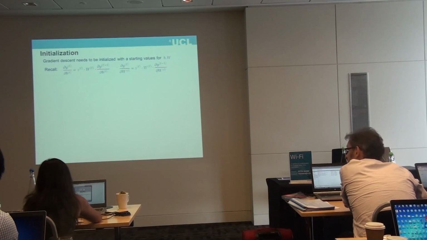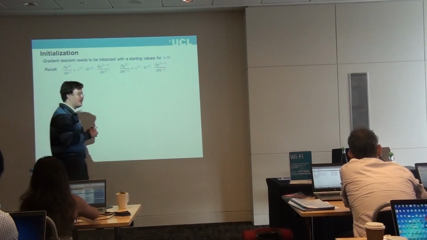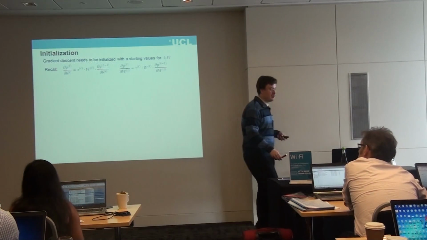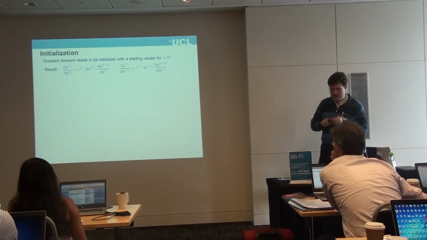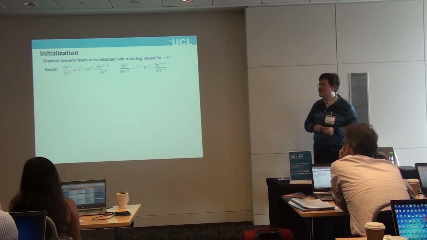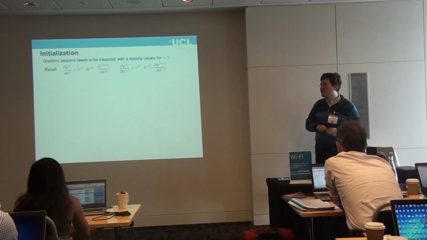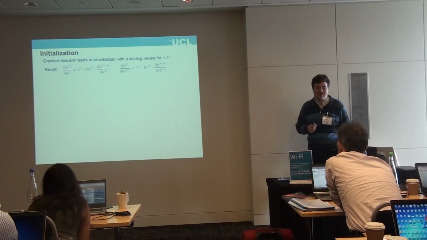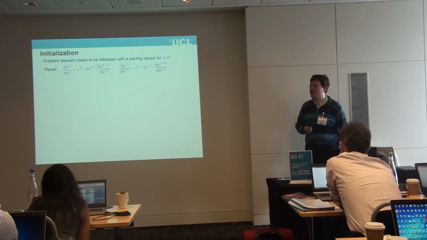And if all things go well, you reach the minimum. And of course, how far you go in the direction of the gradient, being the direction of steepest descent, you have to figure out, but that's the direction. That's the principle behind it.